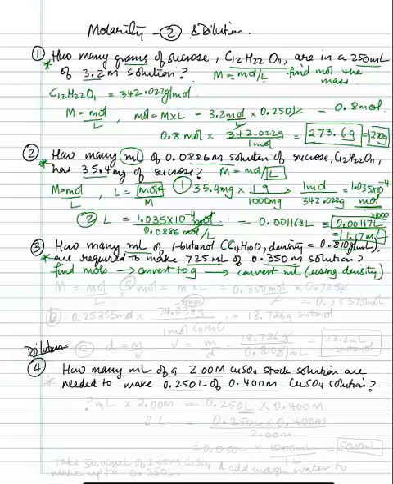So far we've worked with solids, and solids have grams, but this one is a liquid. We can start anywhere we want, but we'll start right here with the moles. Molarity again is moles over liter.